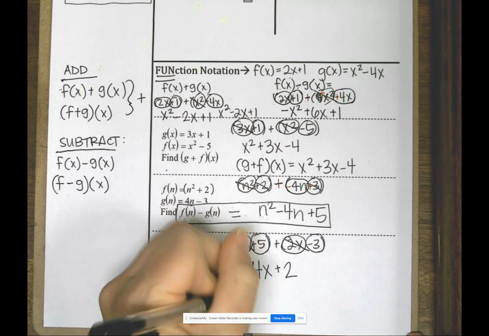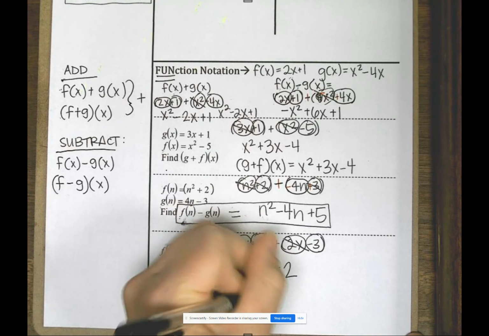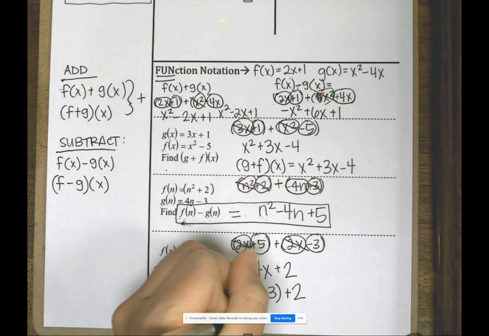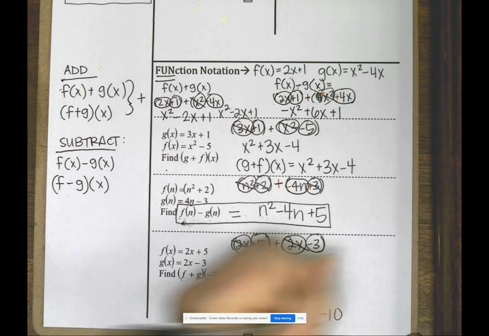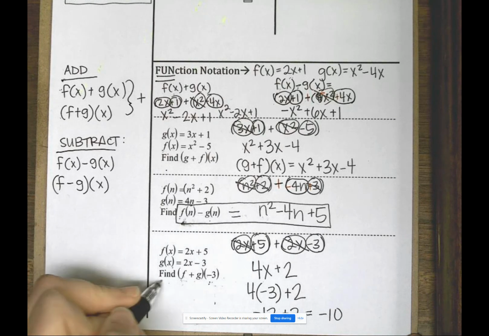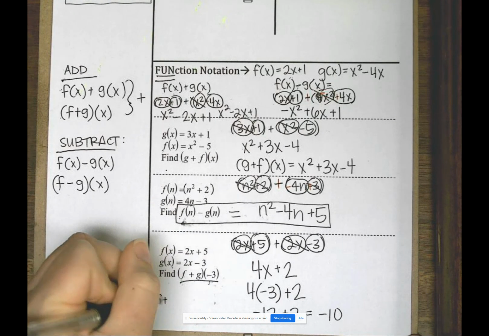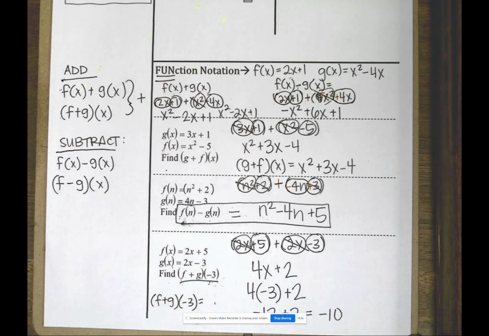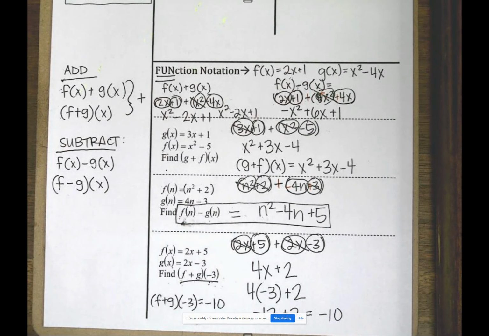So I'm going to rewrite the expression as 4 times, instead of x, I'm putting -3 plus 2, and I'm going to solve. I'm going to take care of the parentheses first. 4 times -3 is -12, plus 2 is -10. And so if they're asking you to find the function of f and g when our input is -3, our output is -10. Our solution is -10.